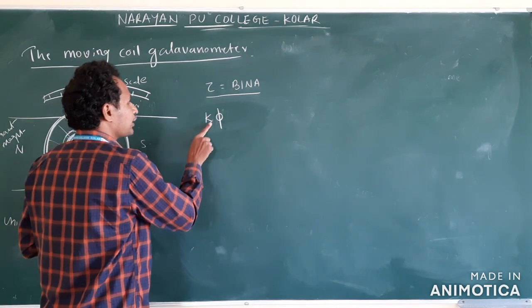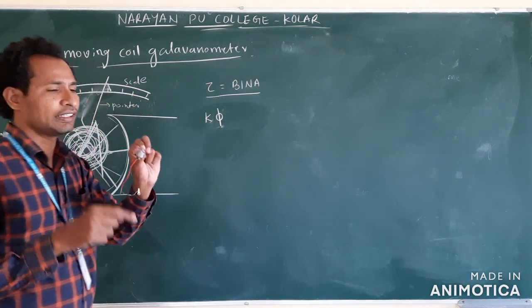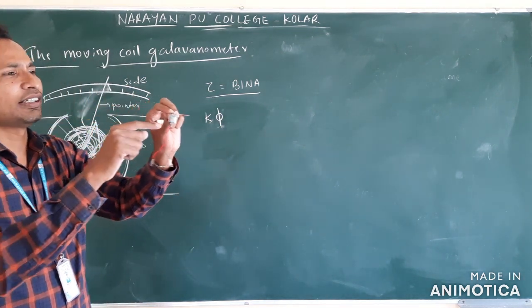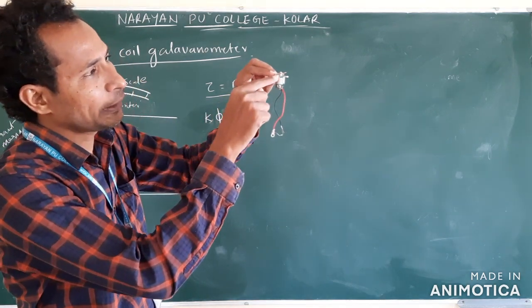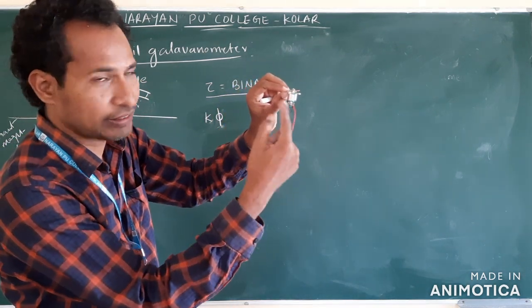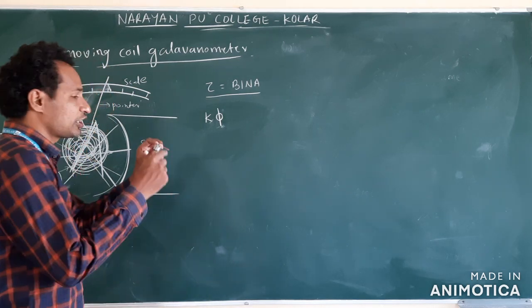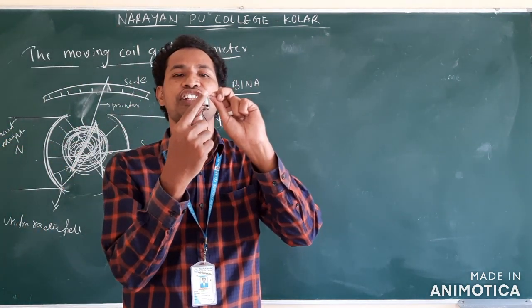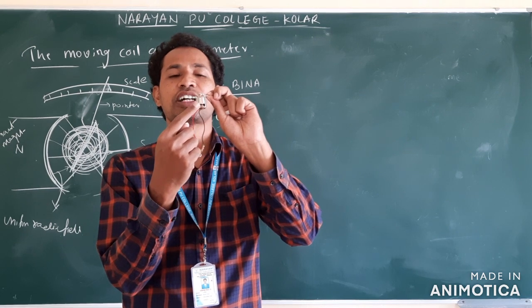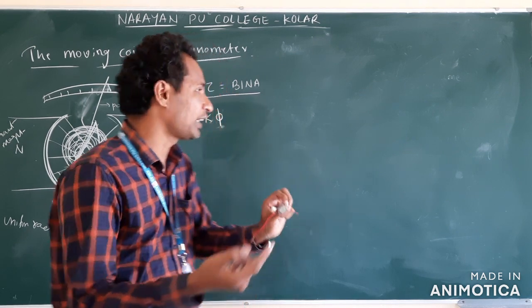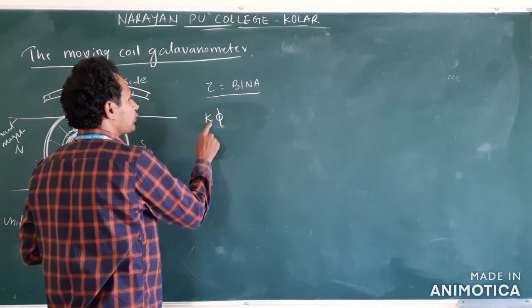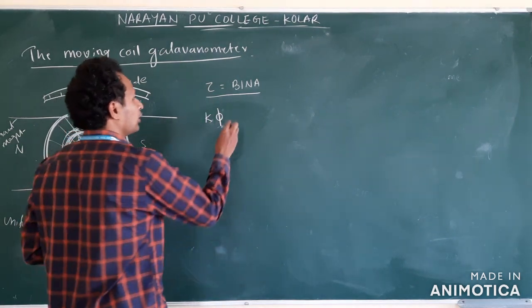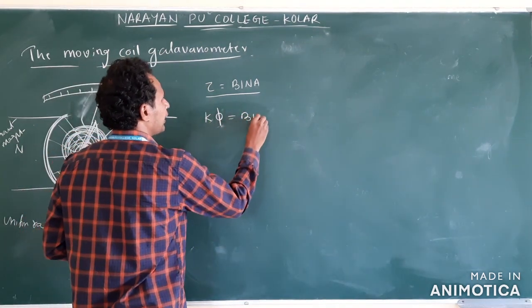K is the restoring constant of the torsion thread, and in this we have a circular spring with that spring constant. That spring brings the pointer back to its original position when current stops. Understand? So this torque is balanced by the counter torque, that is B I N A.